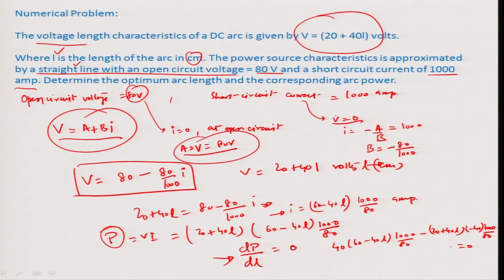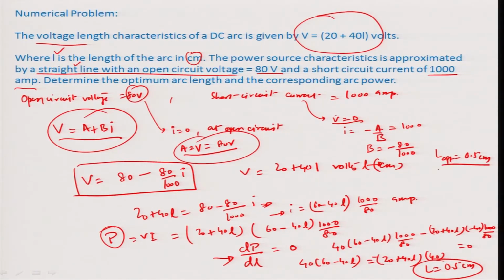In other words, 40 times 60 minus 40 L equals 20 plus 40 L times 40 with a minus sign, that gives us a value of L equal to 0.5 centimeters. So, the optimum length L opt is found to be 0.5 centimeters, and the corresponding arc power can now be determined.